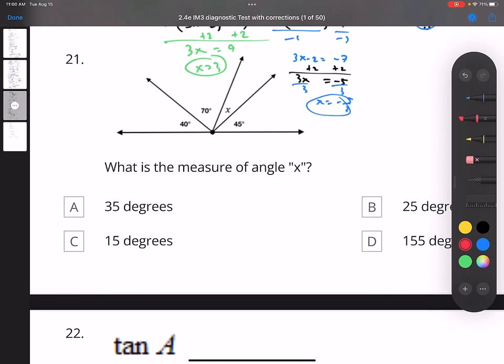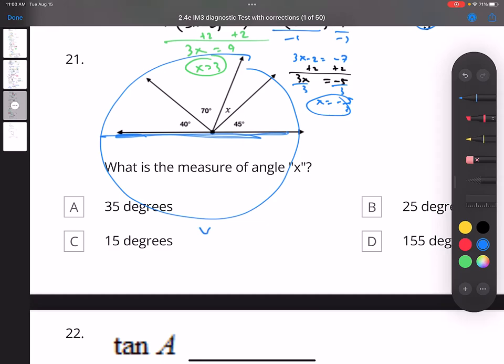Number 21 was the measure of angle x. So remember a line, so if we did a circle, it's 360, so half of a circle is 180. So you add these up. Calculator, yes. And then I'm just going to combine like terms.